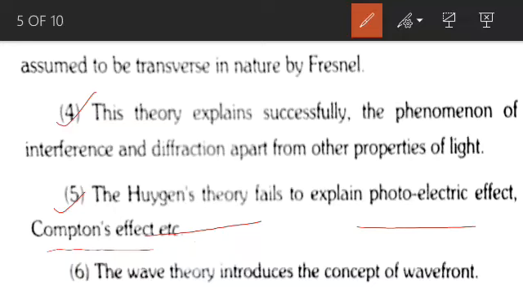There are two types of phenomena, namely the photoelectric effect and the quantum effect. These could not be explained with the help of Huygens theory, because they will be explained in the dual nature of light, that means de Broglie hypothesis, and could be explained on the basis of Einstein's theory, and the photoelectric and quantum effects can also be explained on the basis of the particle nature of light.